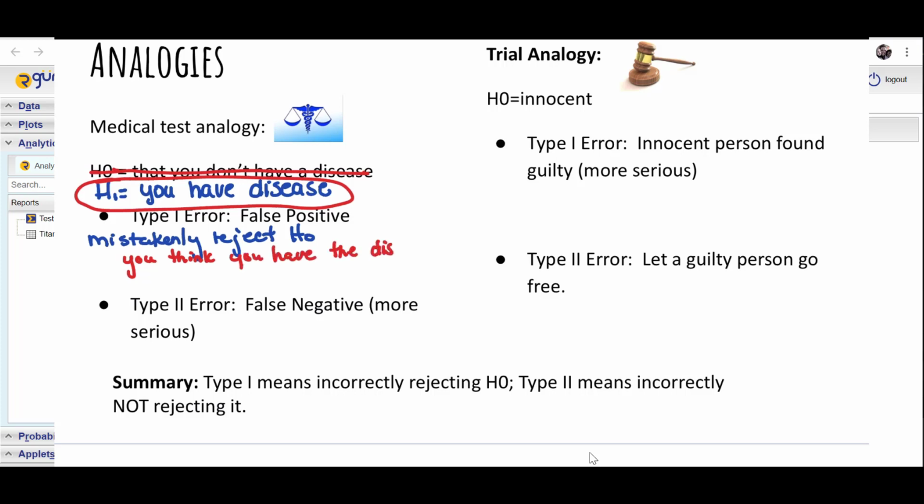But again, it's an error, so that's really not true. You really don't have the disease. So in that case, that would be a false positive.